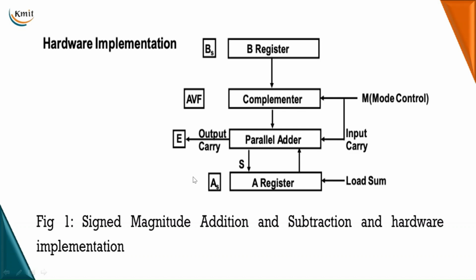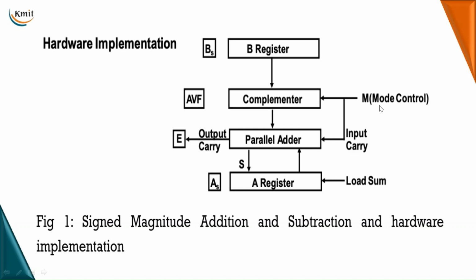If there is any carry out of an addition, the carry is transferred to the E flip flop. Otherwise, the E flip flop will be 0, and the result sum, S represents the sum, is loaded back into the A register, one of the source operands. There is one more bit called the mode bit.